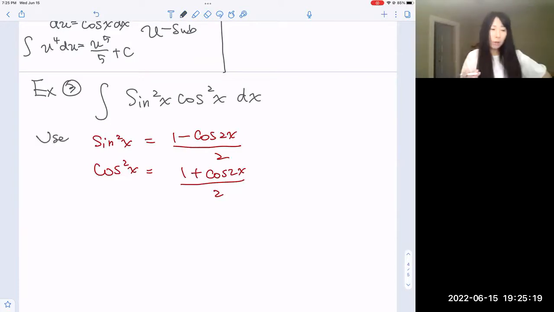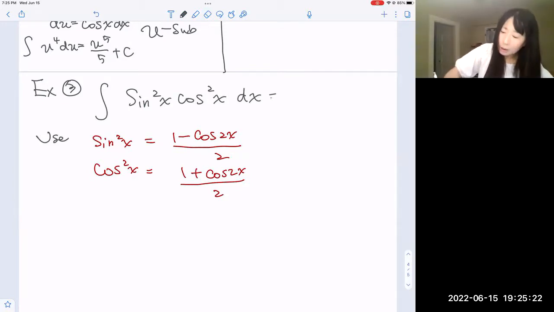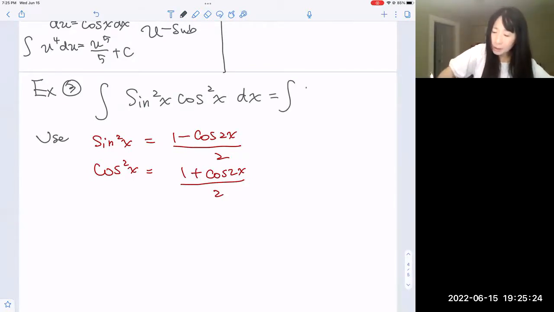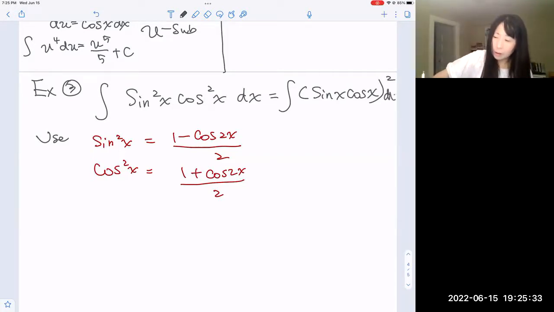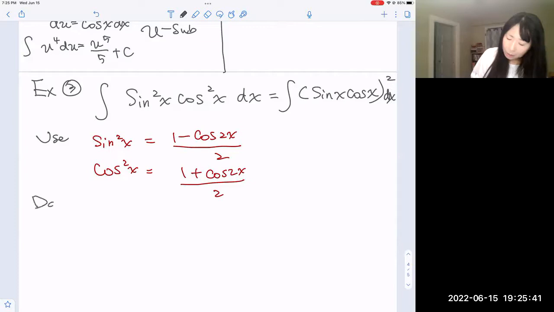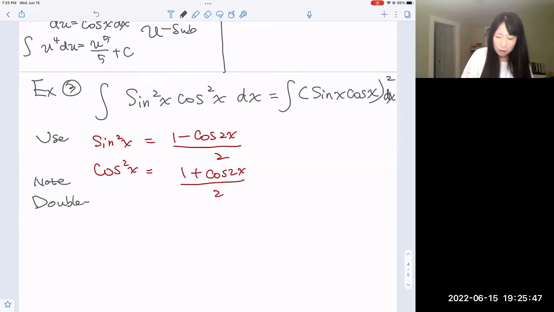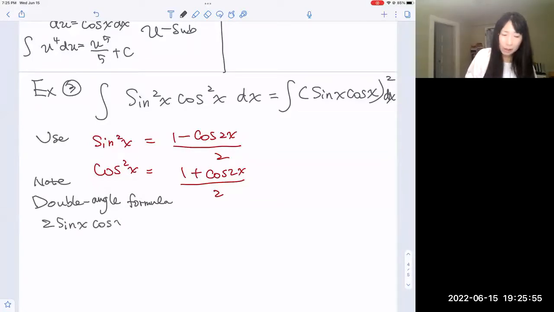All right. Now look, do you agree this one I can express as sine x cosine x squared? Do you agree? Yes, good. Now, do you remember we have a double angle formula from trig? So we have 2 sine x cosine x, which is sine 2x.